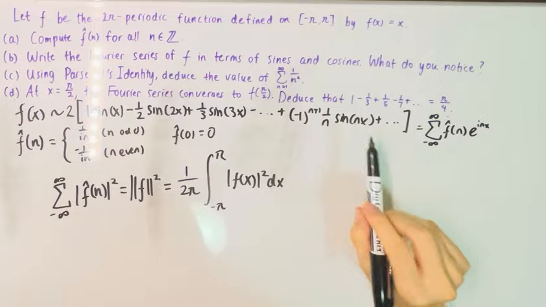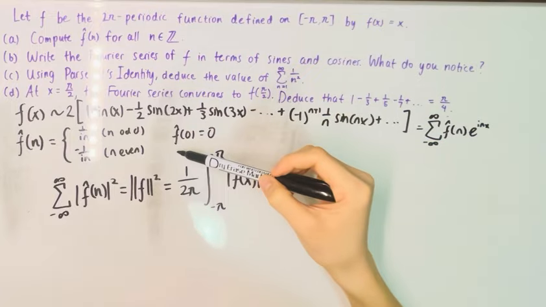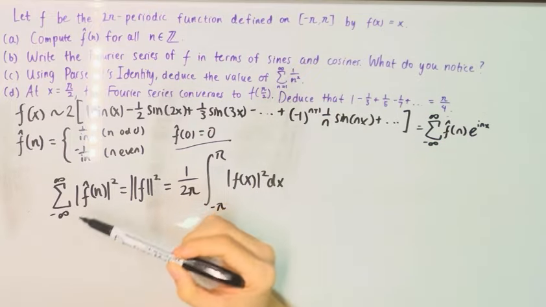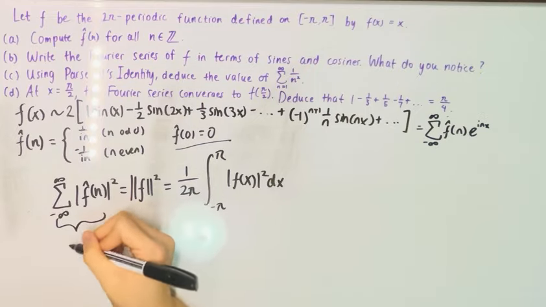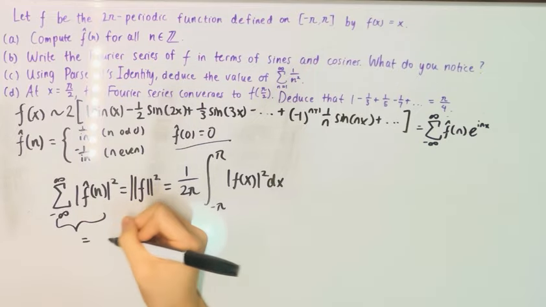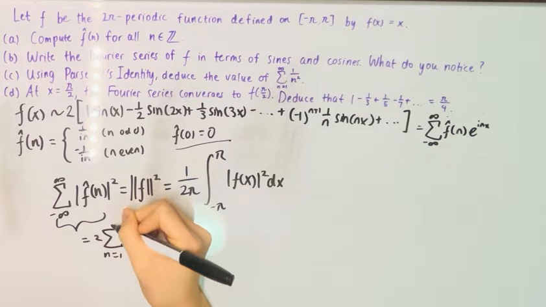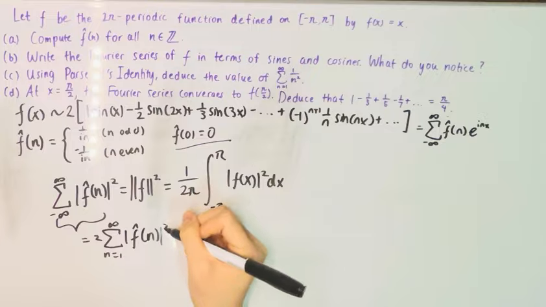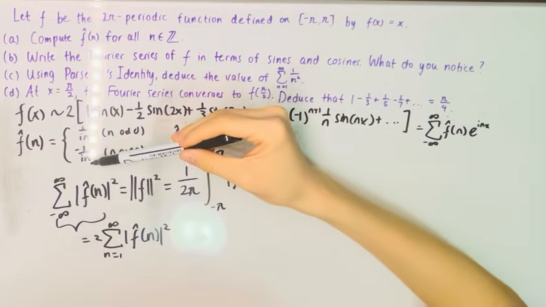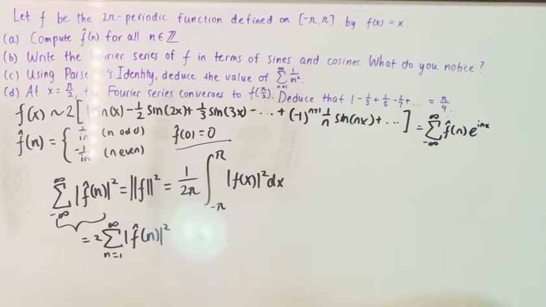Now notice that because our zeroth Fourier coefficient is 0, we can actually rewrite this. We can split it down the middle and rewrite it as 2 times the sum from n equals 1 to infinity of 1 over n squared. Again, this is due to the symmetric magnitudes of the Fourier coefficients.